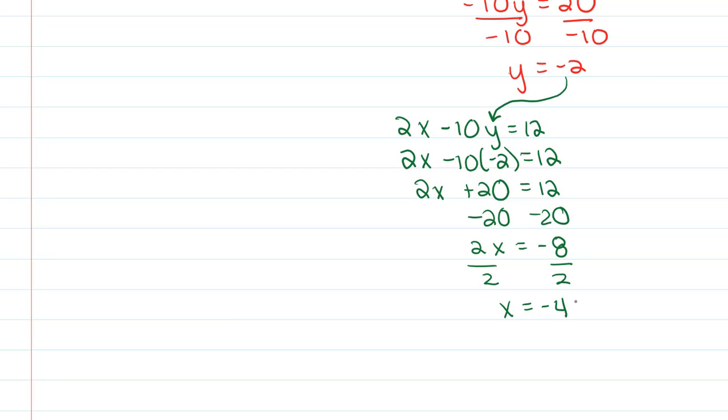I did that a little quickly. Definitely take a chance to pause the video and check your work with mine. But I got that x is negative 4. So that means the solution to the system is negative 4, negative 2.